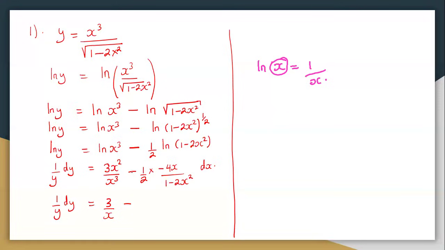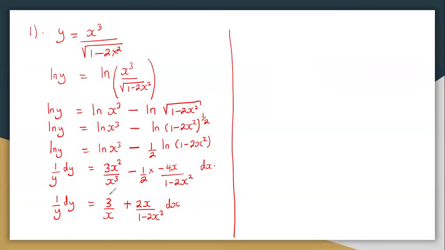So I remain with, this is a minus and a minus, which gives us a plus 2x divided by 1 minus 2x squared, then everything with respect to x. Now, what are we going to do? We can now remove our dx. We are going to remove this dx by dividing this side by the x. But also you notice that there is a y, so we are also going to multiply through by y this side, such that it can go to the other side.